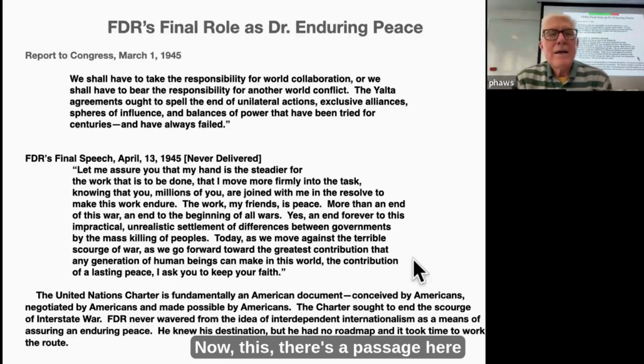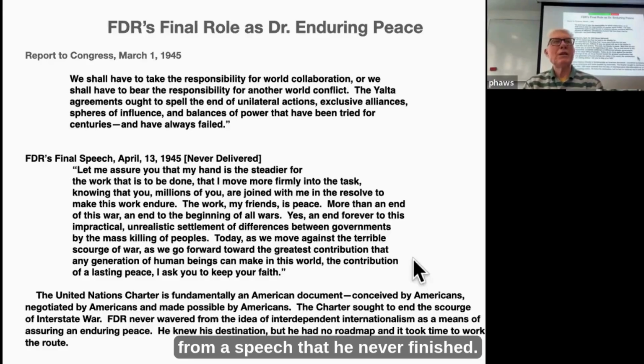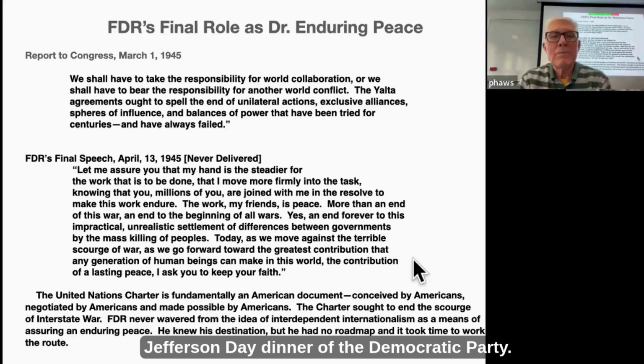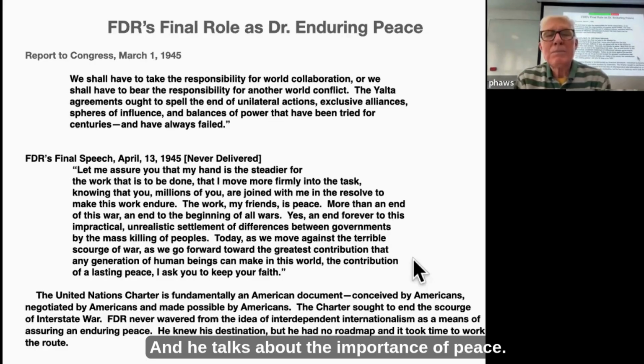All right. Now, there's a passage here from a speech that he never finished. He had a radio address scheduled for April 13th, the day after he died. And it was the Jefferson Day dinner of the Democratic Party. And he talks about the importance of peace. He says, more than an end of this war, an end to the beginning of all wars.